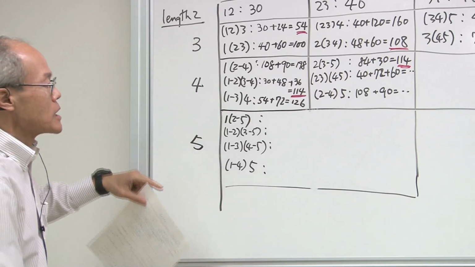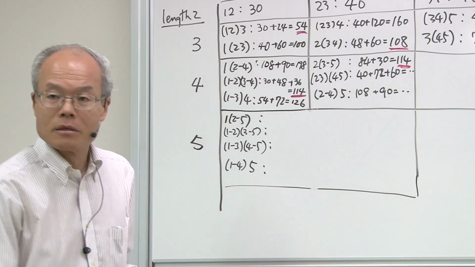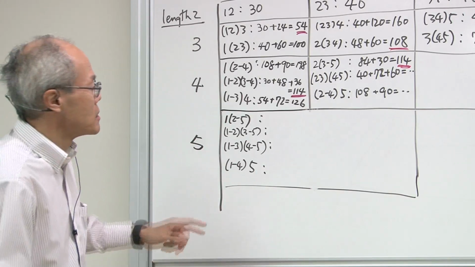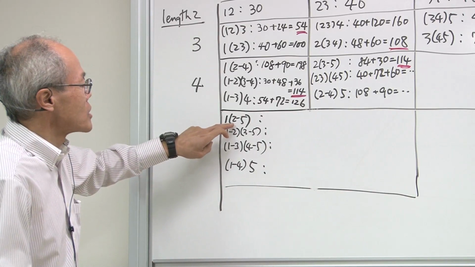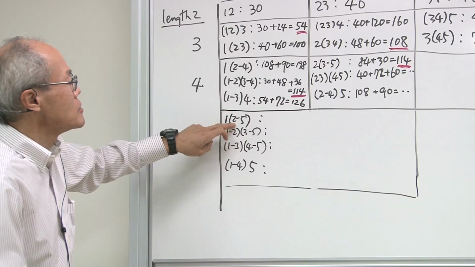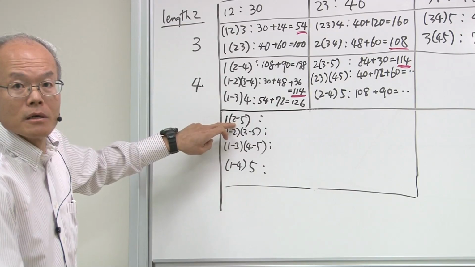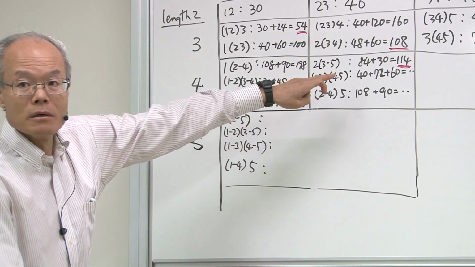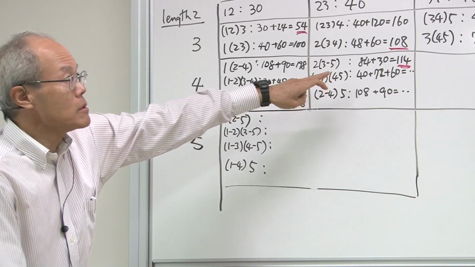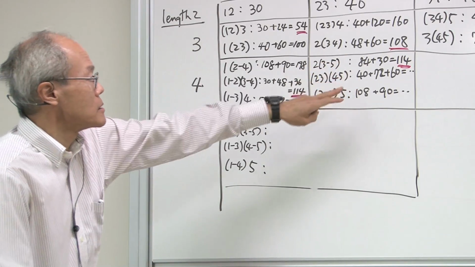But again, just notice that in order to multiply 2, 3, 5, you already have the answer. Where? Here. 2 through 5, we have the answer here.